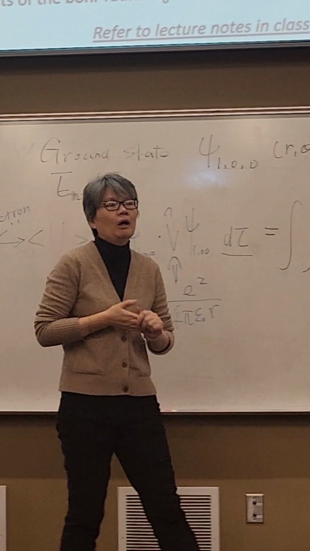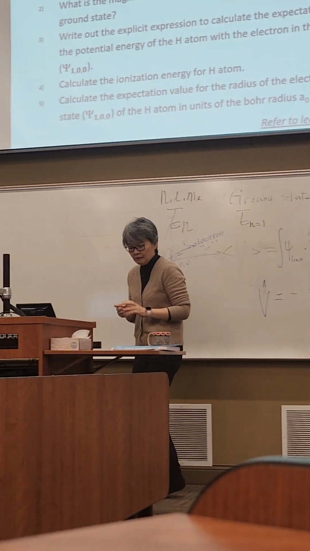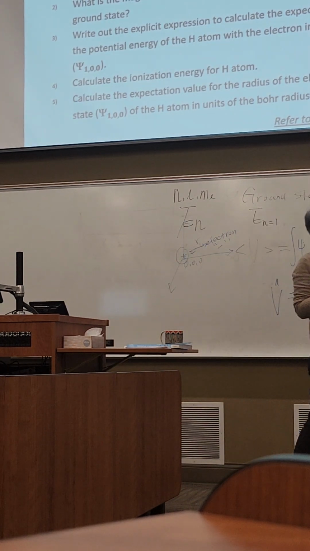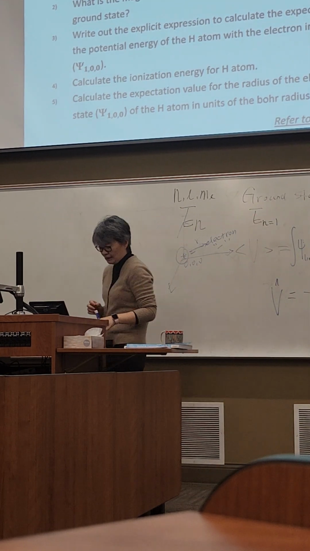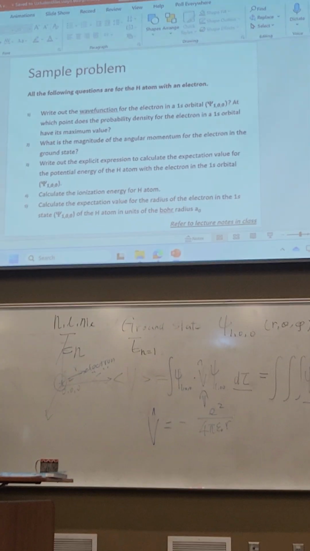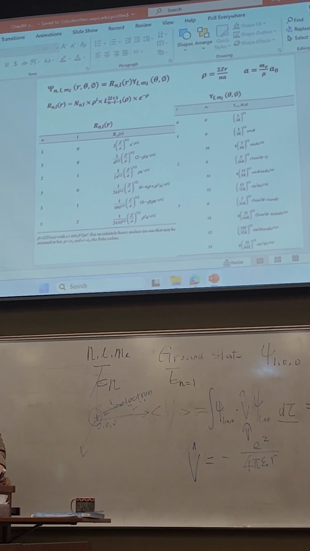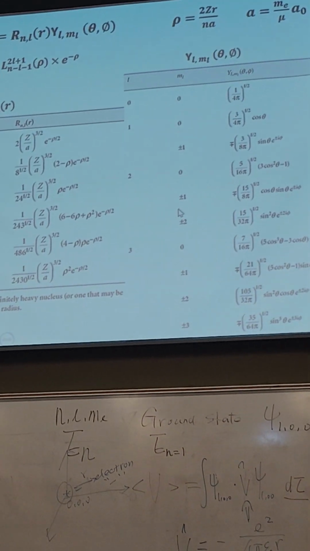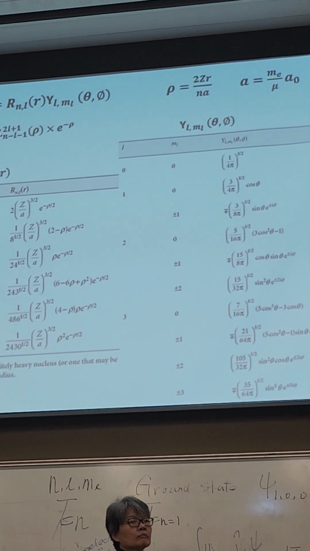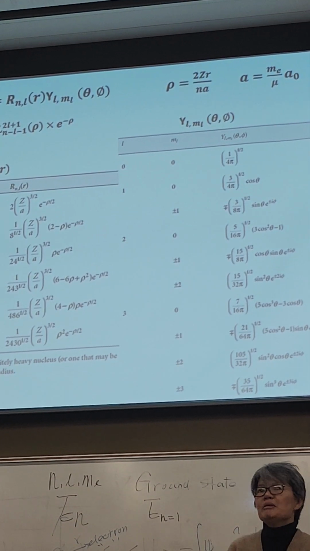Alrighty. Now, I will give you guys this problem. Now, what if, instead of the ground state, we want to know all those average positions, the average potential energy and so on and so forth for an excited state, let's say 211.